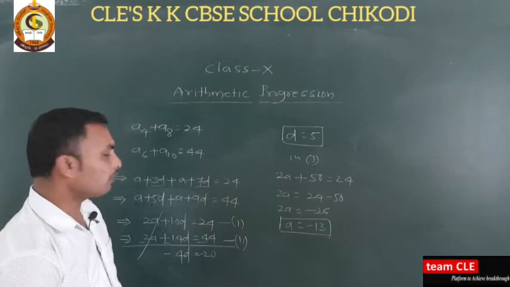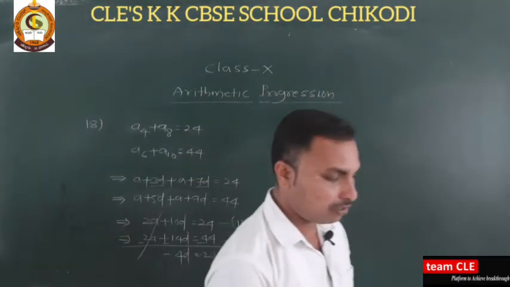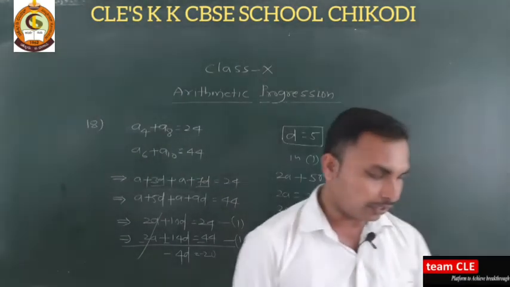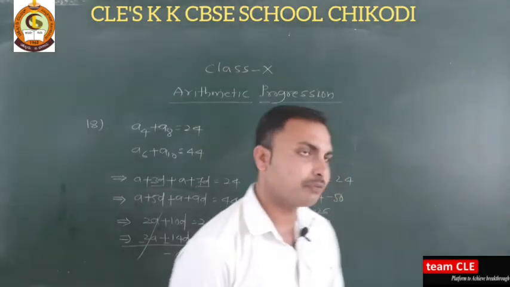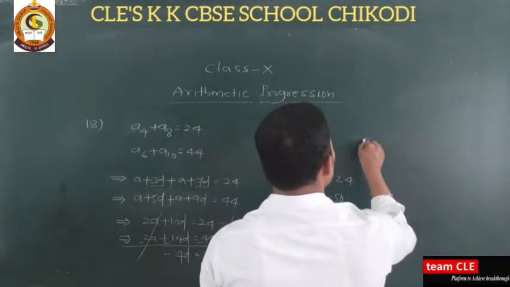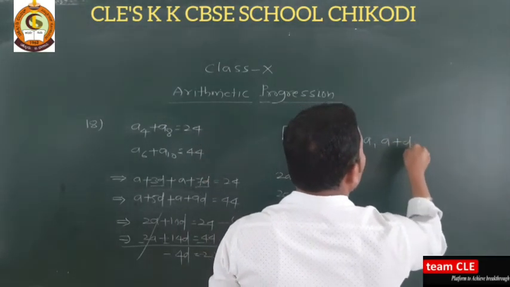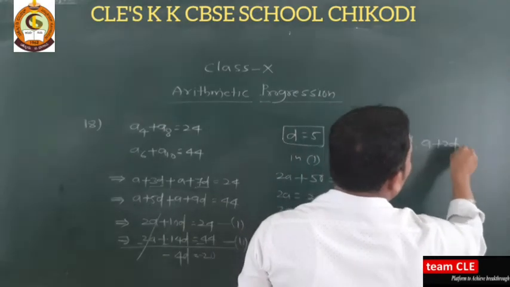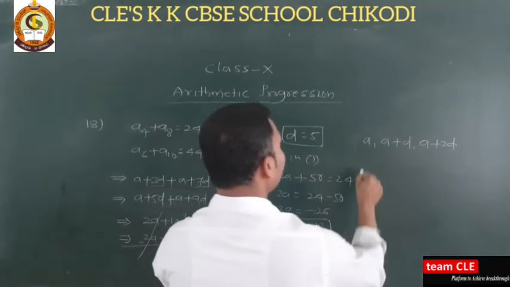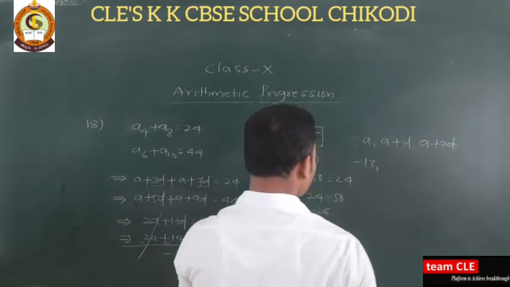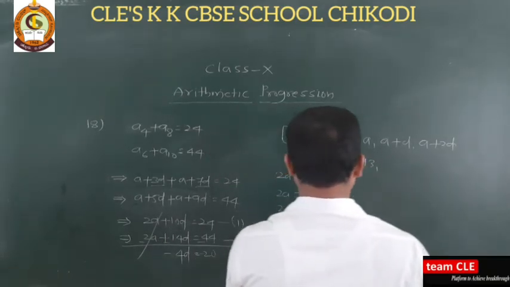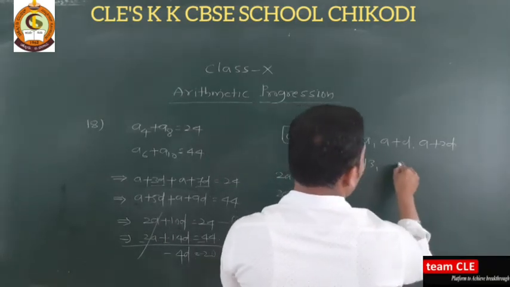Okay. But what we need to find, find the first 3 terms of the AP, first 3 terms. So it is A, A plus D and A plus 2D we need to find. A how much we already have? Minus 13. A plus D, so minus 13 plus 5 will get minus 8.